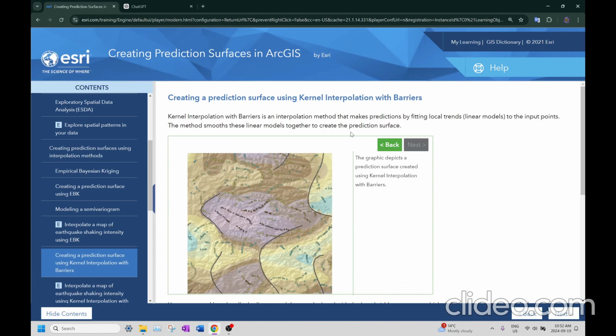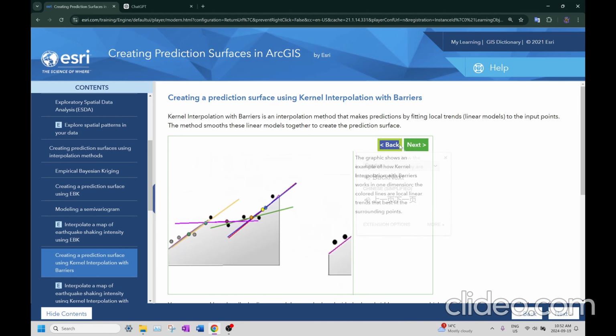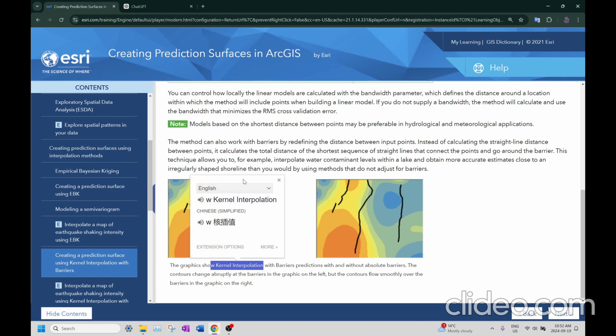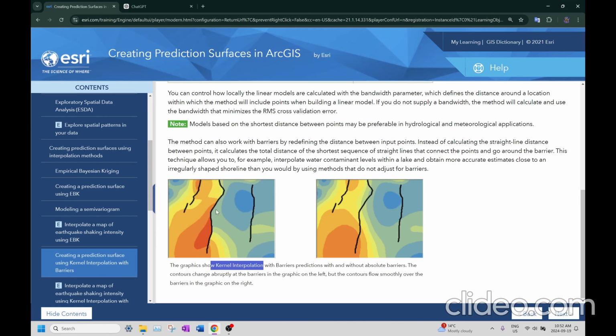And that's the second method of creating a surface, using kernel interpolation with barriers. Of course, this one can deal with the barrier, like with or without the kernel interpolation. You can take barriers into consideration like this. That's the most obvious function.